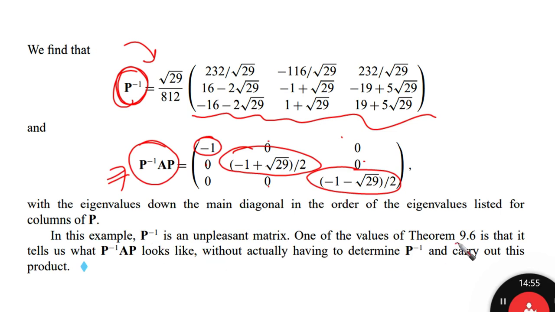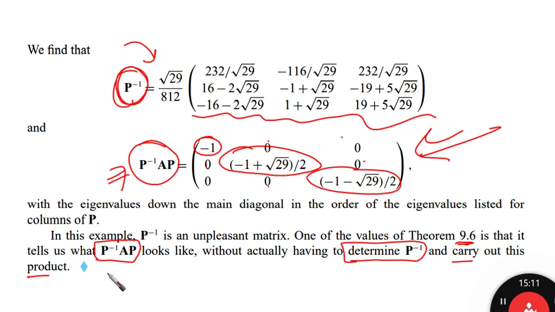One of the values of theorem 9.6 is that it tells us what P minus 1 AP looks like, as we have mentioned here, without actually having to determine P minus 1, the inverse, and carry out this product.